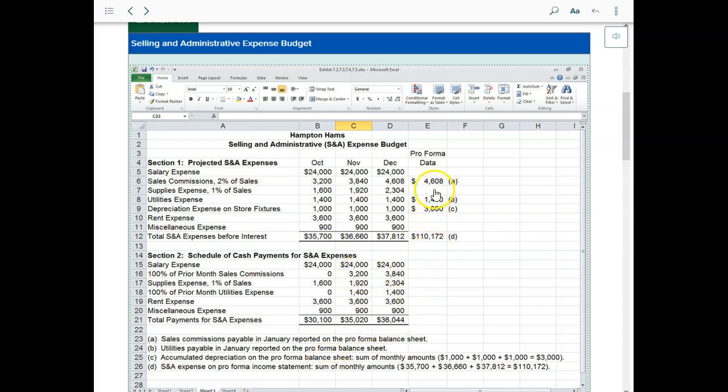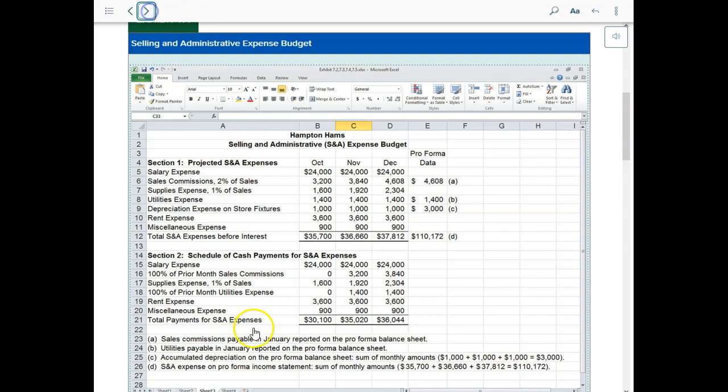And then some of these numbers will be used then to help us prepare the formal financial statements, and they explain about this. Commissions payable in January. So you're going to see on the balance sheet and liabilities, sales commissions payable. It's going to be the December sales commissions payable in January. And similar with all these others.